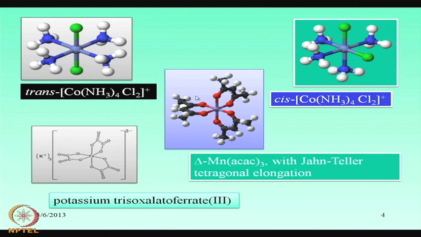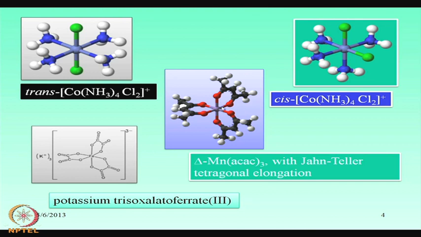So, we have a tetragonal plane, and above this tetragonal plane we have one oxygen, and below this tetragonal plane we have another oxygen. If we consider this particular axis as the z axis, and one oxygen manganese oxygen axis is the x axis, the second oxygen manganese oxygen is the y axis, so the third is the z axis.